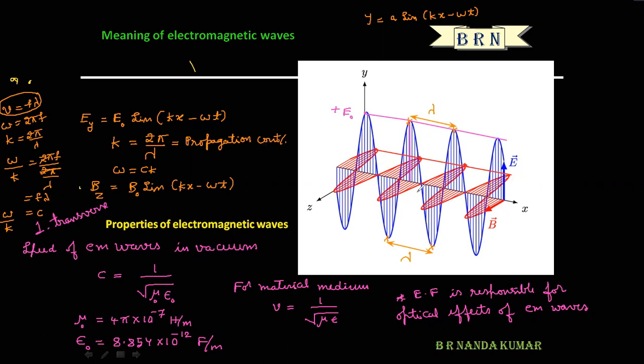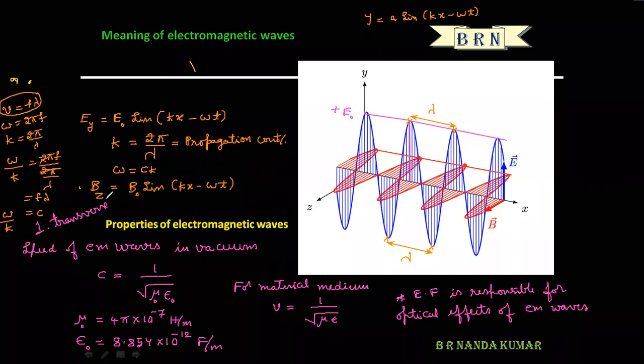Suppose they are traveling in the negative x direction, then it is kx plus omega t. Both the electric field and magnetic field are mutually perpendicular to each other and perpendicular to the direction of wave propagation. Wave propagation is along the positive x-axis, and that is why this is sine of kx minus omega t, right?